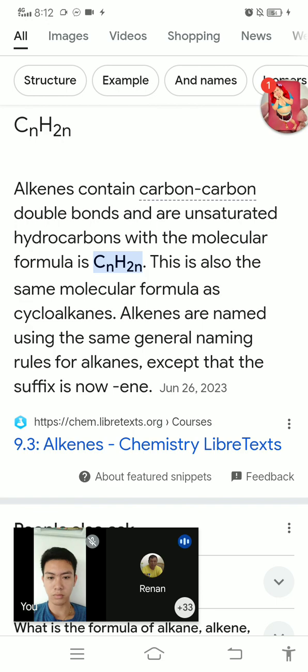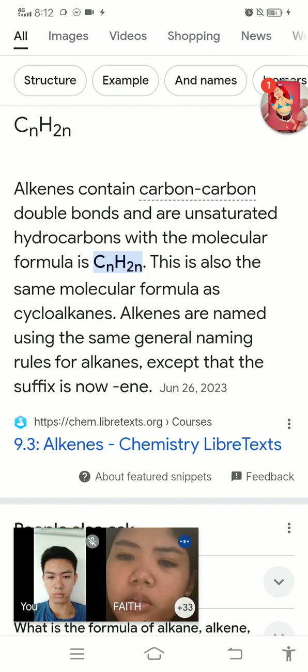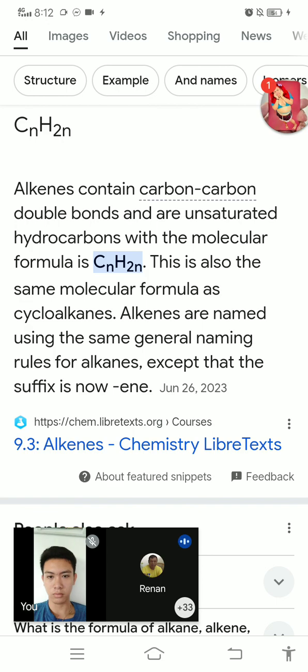Alkane has a carbon that is surrounded by how many single bonds? Diba sabi ko sa inyo noon, 4. Aaron, that's correct.